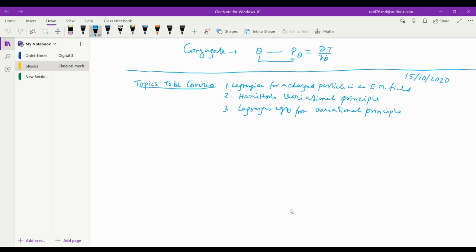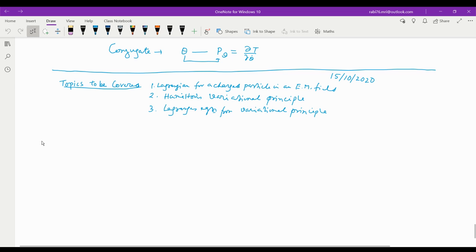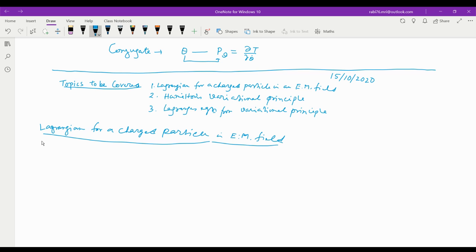Lagrangian for a charged particle. We know the governing equation is the Lorentz force equation, right?